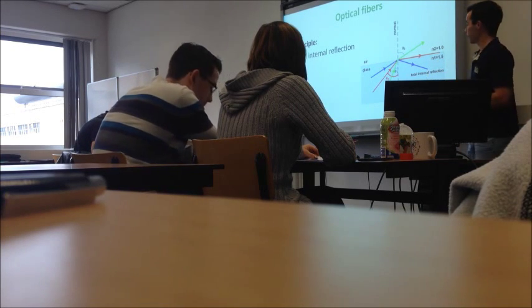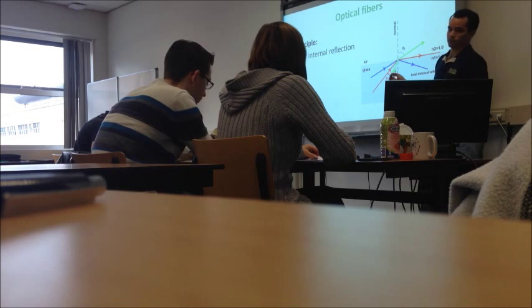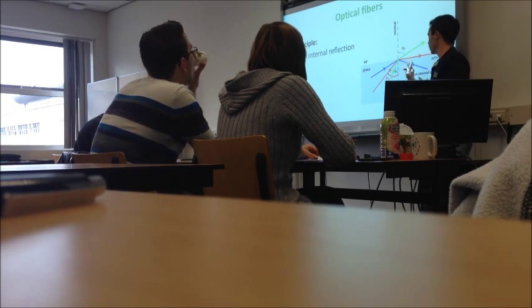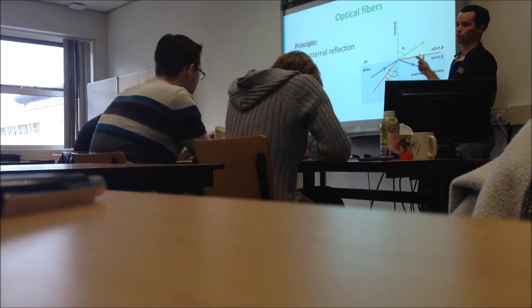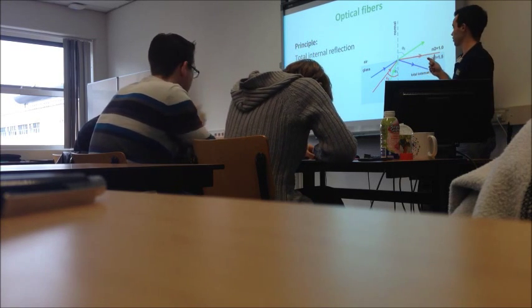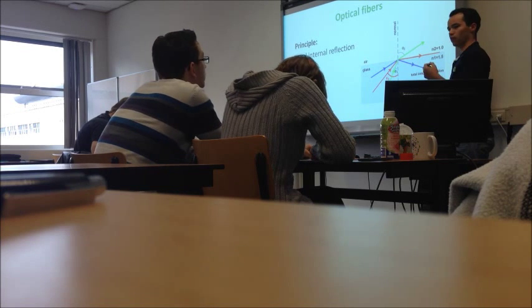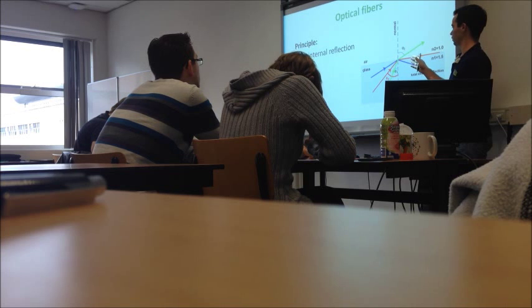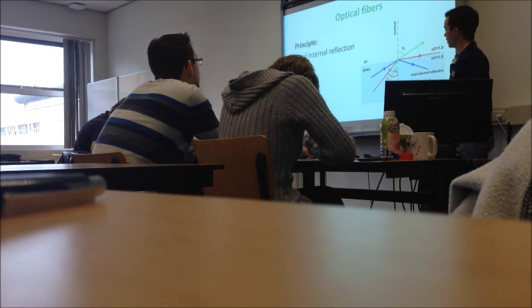And when we have one light or one wave, it doesn't need to be light, one wave coming from one medium into the other medium, when it reaches the surface and it reaches a different refraction index, it's going to be reflected and refracted. A part of it will be reflected, and what we're showing here, it is going to be refracted to the other medium. And then what happens?